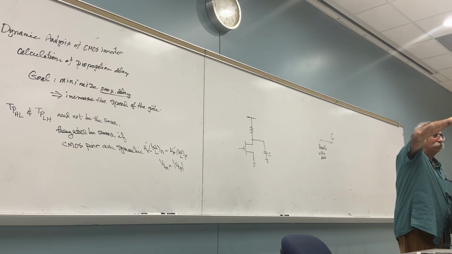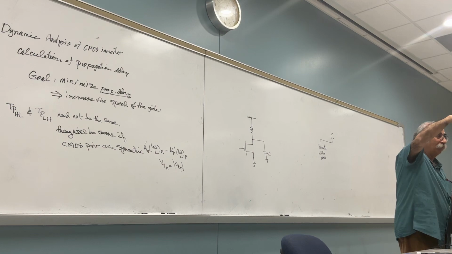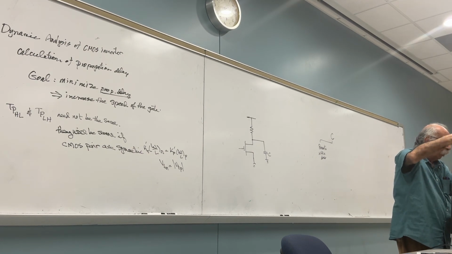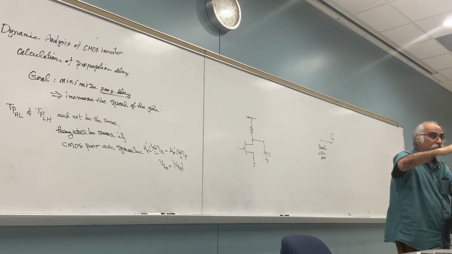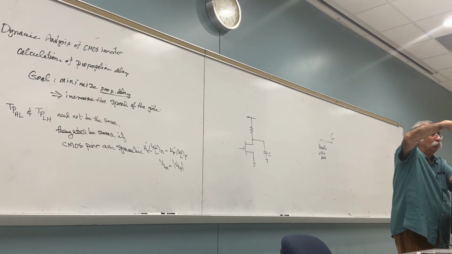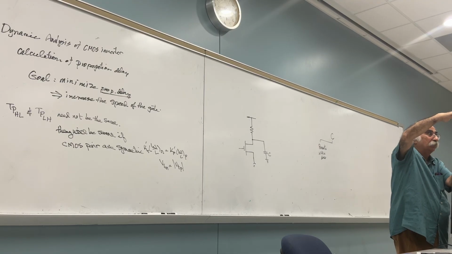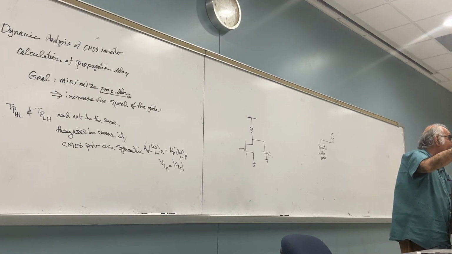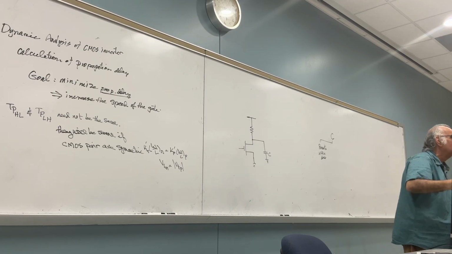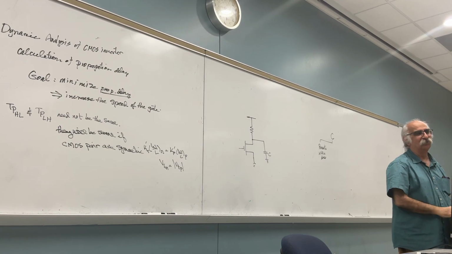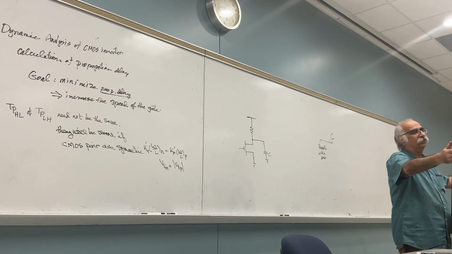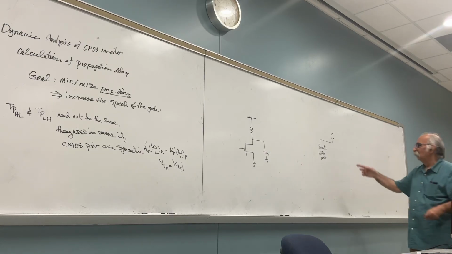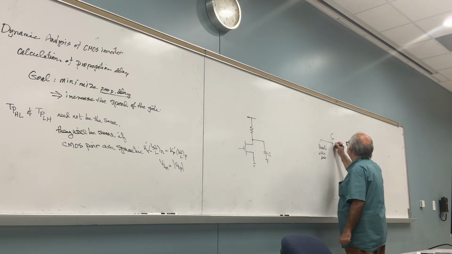Remember the gate is a plate to which you apply positive voltage, and the N channel that you create is negative. So you created two plates, one positive, the other negative. What separates them? SiO2, which is a dielectric. You created a capacitor, a parasitic capacitor within the device.